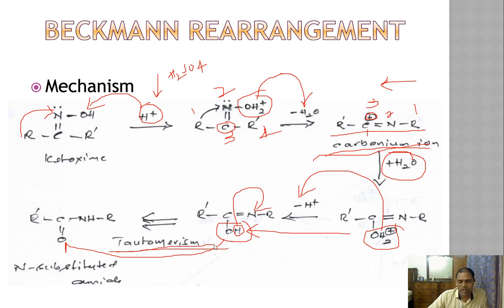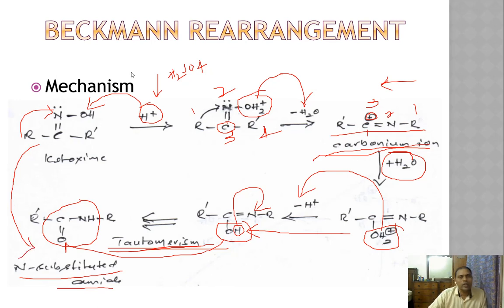Tautomers will have the same molecular formula, but there is a slight difference in the structure. Because of the tautomerism, N-substituted amide is going to form. So this is the amide, and this is how the ketoxime is converted to N-substituted amide in the Beckmann rearrangement reaction.